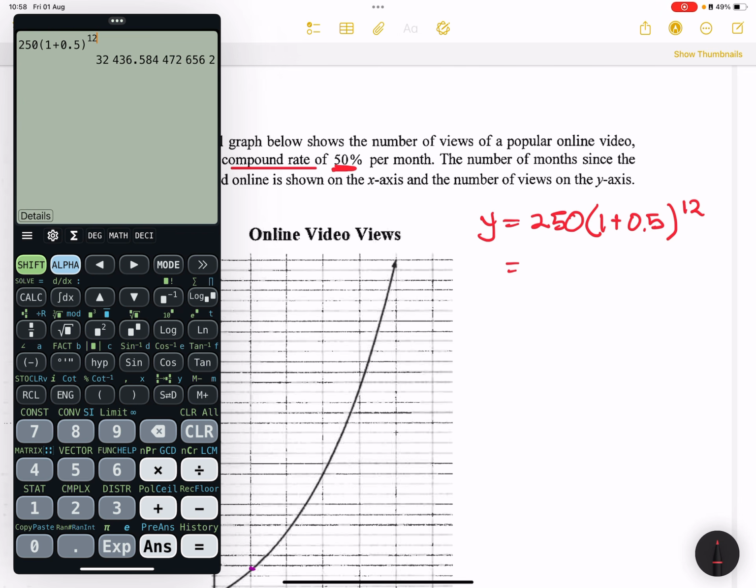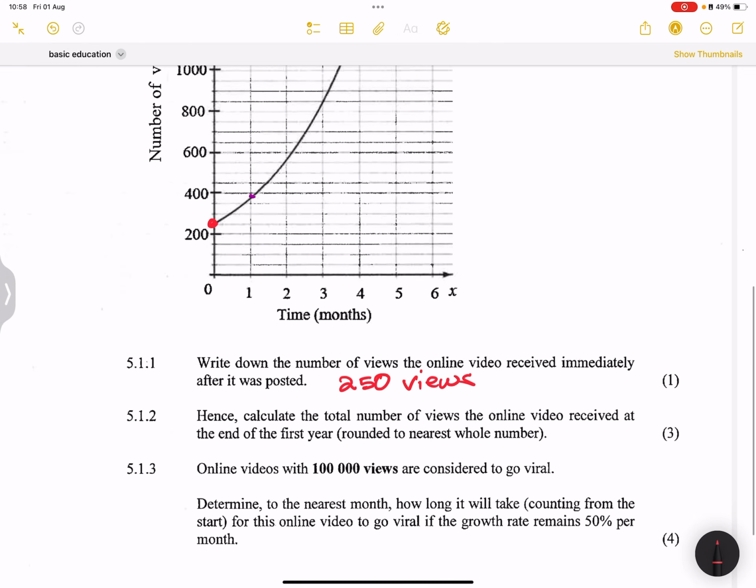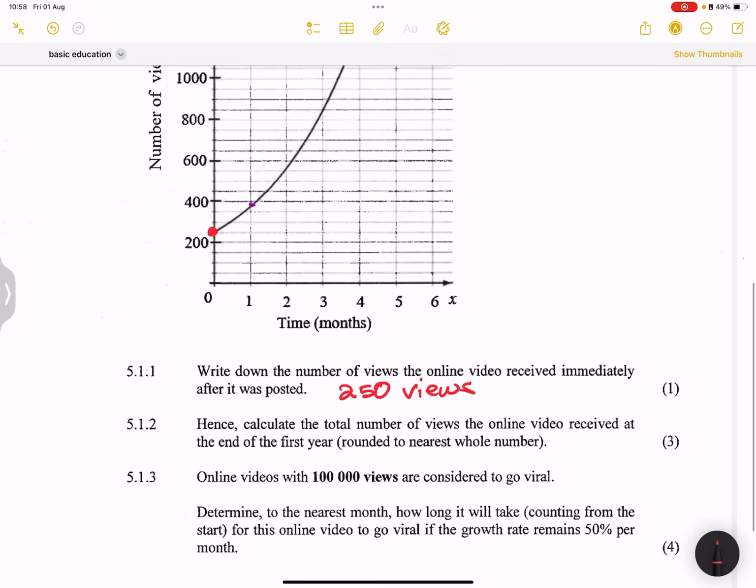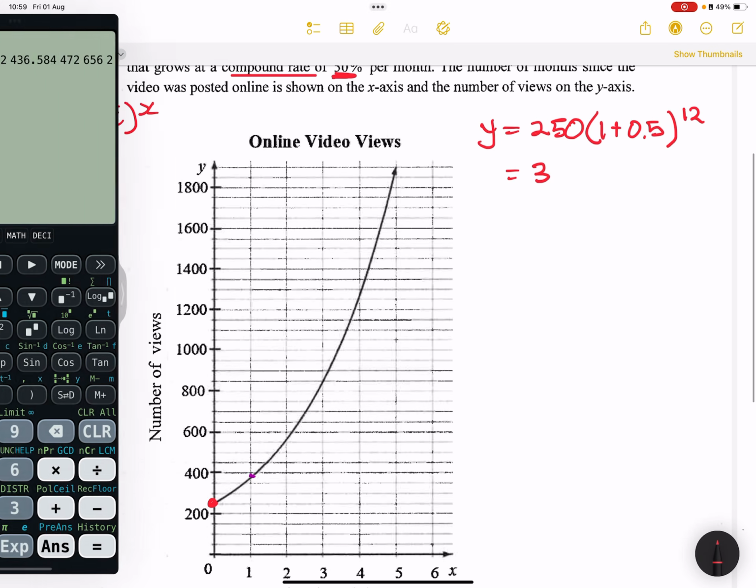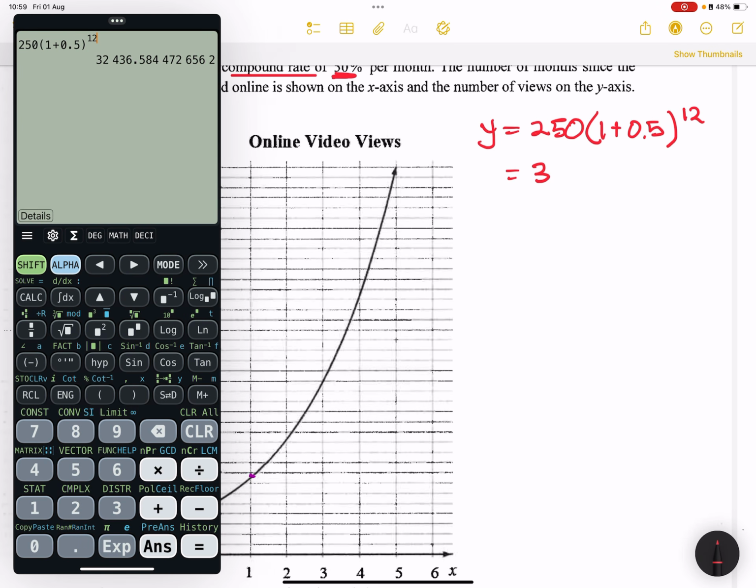Looks like it's going to be about 32,000. They said we must round this to the nearest whole number, so that's going to be 32,437 views.